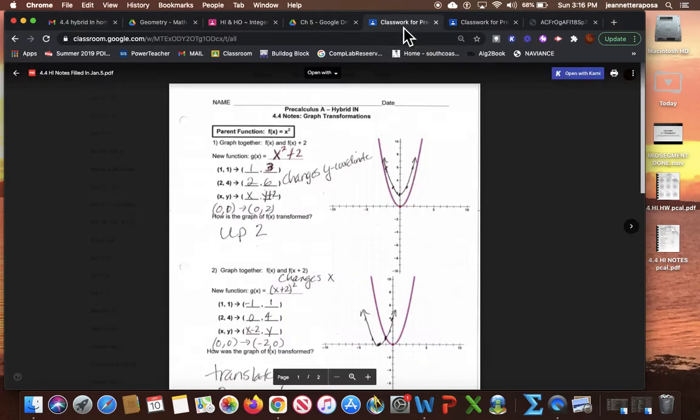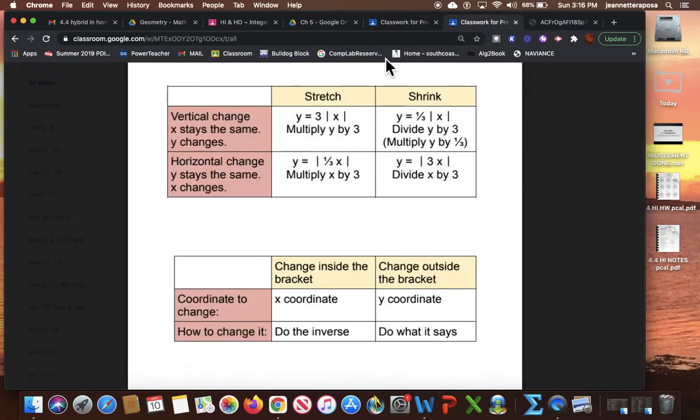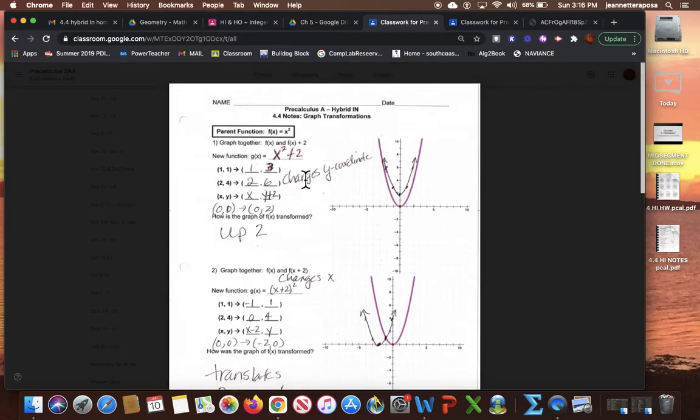So for this example, we're not changing x, the input x stays x, but we're changing something outside the brackets. So we're actually changing the y coordinate then. And that means I'm going to do what it says. I'm changing the y coordinate. So it looks like the y coordinates all go up 2. That's exactly what happens.